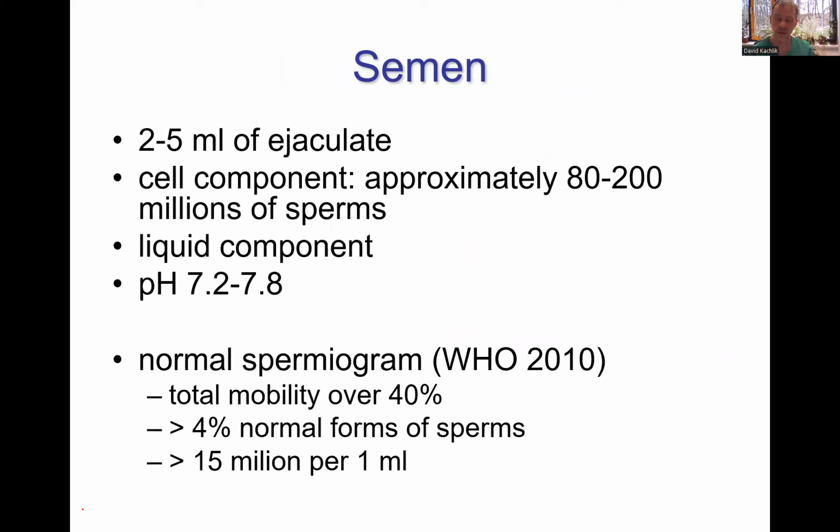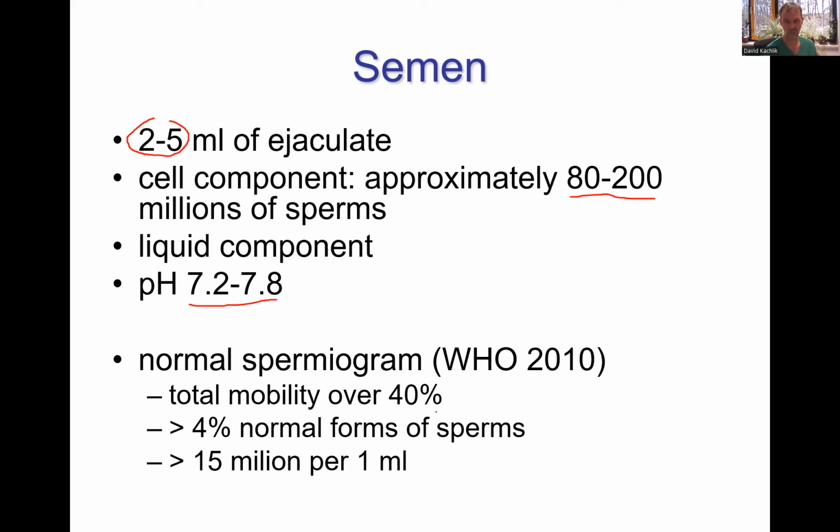And then the ejaculation continues from the sympathetic areas in T11 to L3, and it produces 2 to 5 milliliters of ejaculate, which contains up to 200 million sperms with alkaline pH, which is then changed, of course, to acidic pH in a female genital tract due to acidic environment in a vagina, which then activates the sperms.